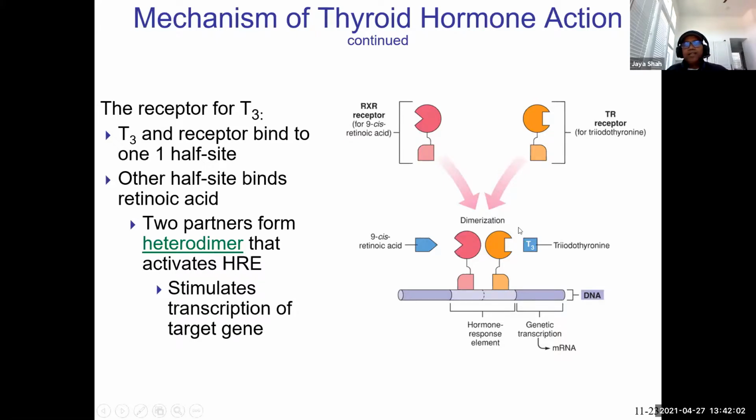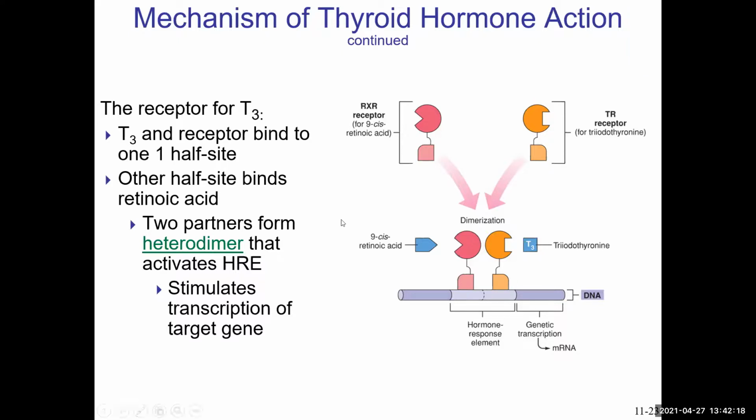Now, in the case of thyroid hormone, you see the dimer forming on the two half sites is not a homodimer. They are heterodimers. Are you following me?